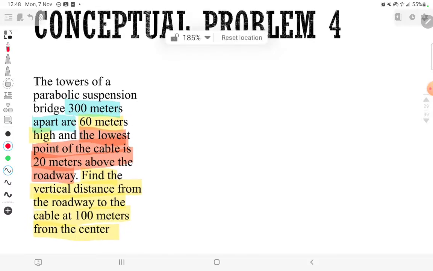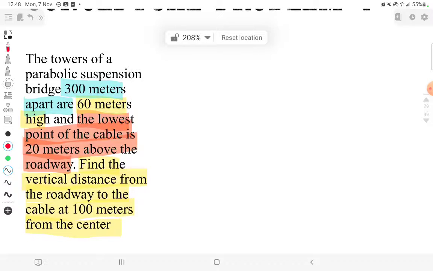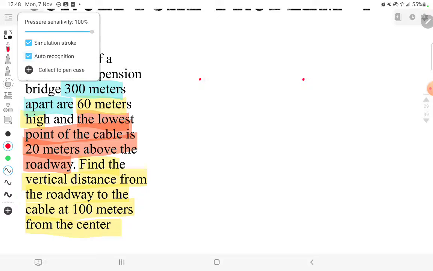Okay. So I will just draw the problem. 300 meters apart. So let's have a point here, point A, point B. And take note that they are 300 meters apart.